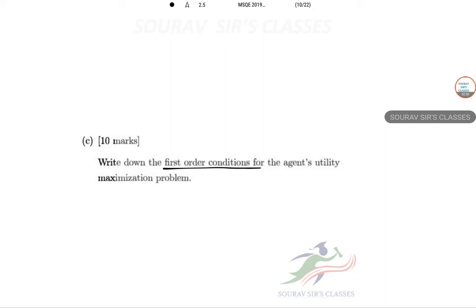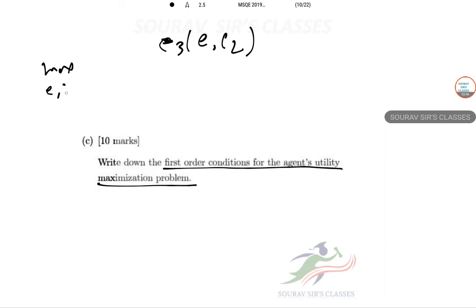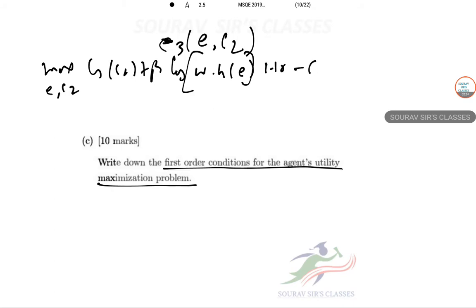Write down the first order conditions for the agent's utility maximization problem. So using the constraint we can define C3 as a function of E and C2, and rewrite the problem as max over E, C2 of log C2 plus beta log of [W H(E) times (1 plus R) minus C2 times (1 plus R) minus E times (1 plus R) whole square].